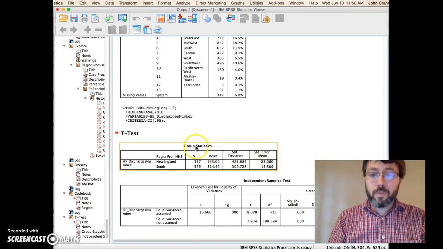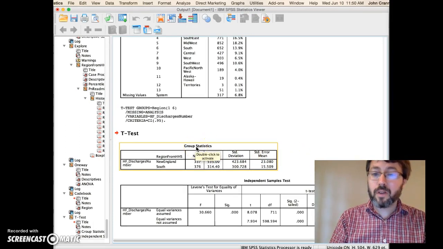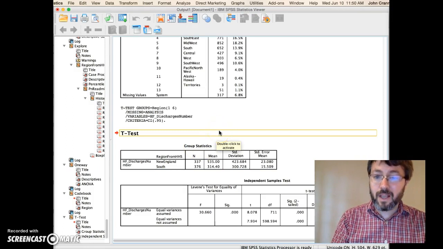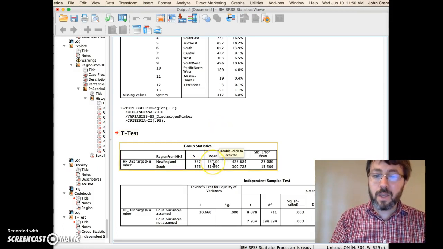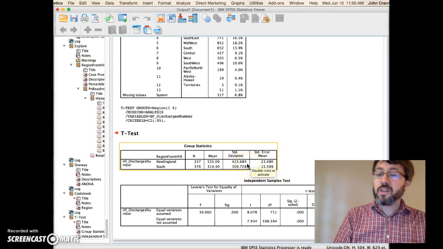The group statistics output is going to be your key summary table. You can see here the mean for the number of heart failure discharges in New England is 535, and for the South is 314. The numbers are fairly similar in the mid-300s, and the standard deviations are somewhat different.